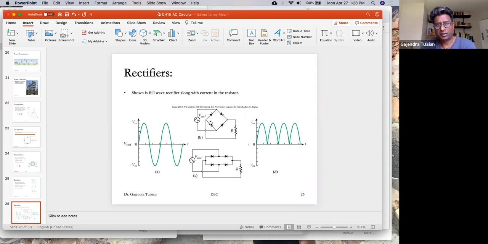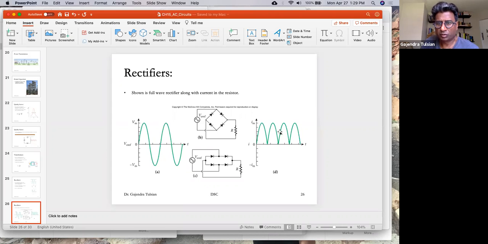If you take 4 diodes and connect them like that to the source, now all the cycles go through. The voltage you get across this resistor is that. So this circuit has converted the negative voltages to positive voltages.